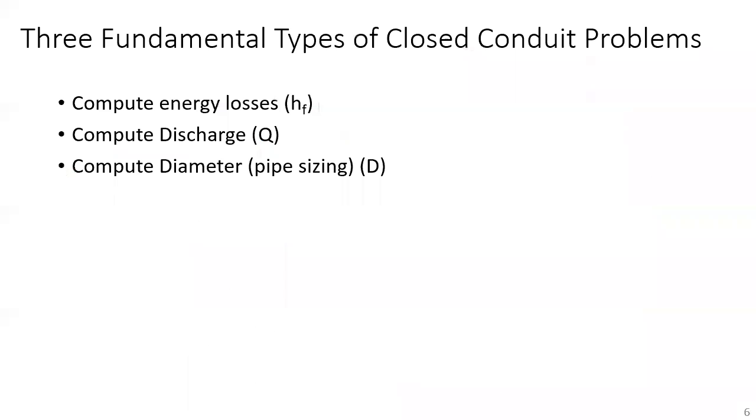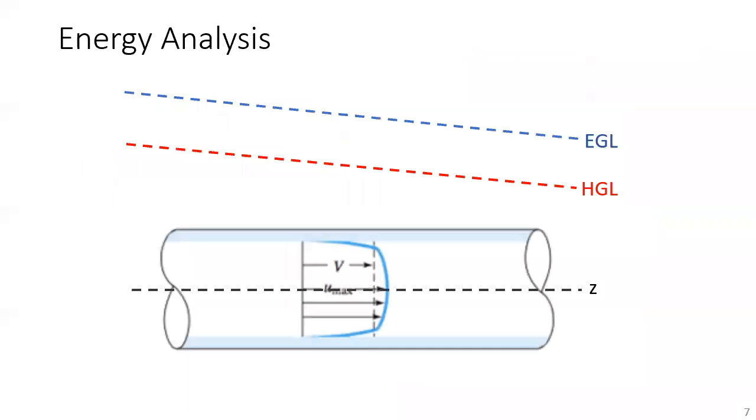Okay, so this is the last slide of review. There were three fundamental types of closed conduit problems: the problem in which we're calculating the energy loss, the problem in which we're computing discharge, and the pipe sizing problem where we're calculating the diameter. And again, these all work off of an energy balance.